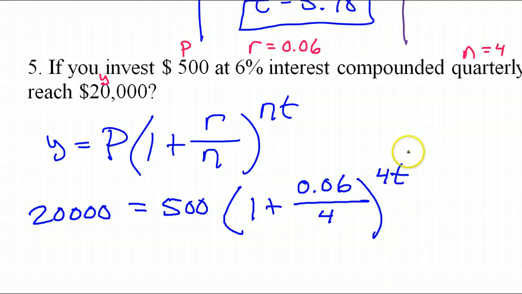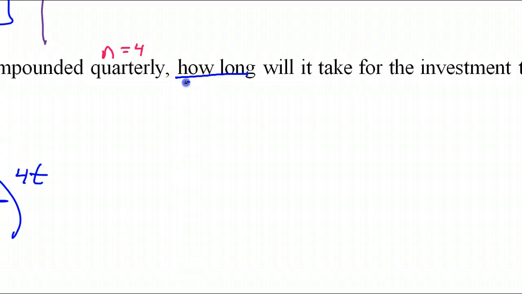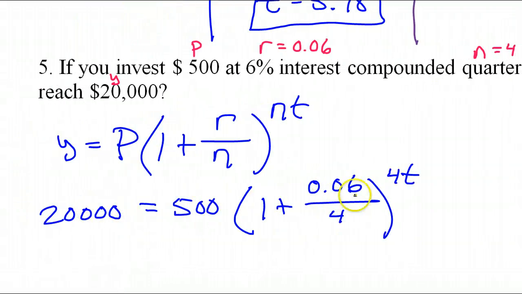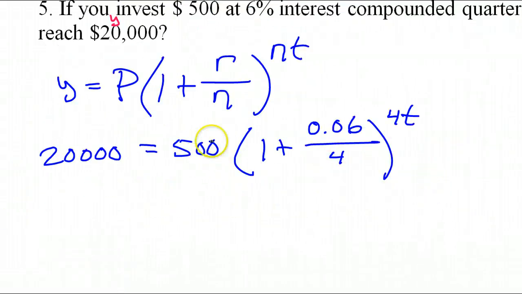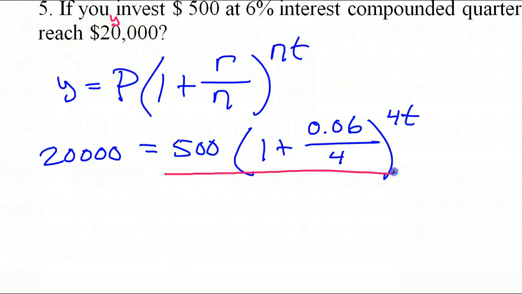T is the one thing we don't know, because they're asking us the question, how long? That's t, that's what we're looking for. So somehow we have to solve this for t. We will start by dividing both sides by 500.